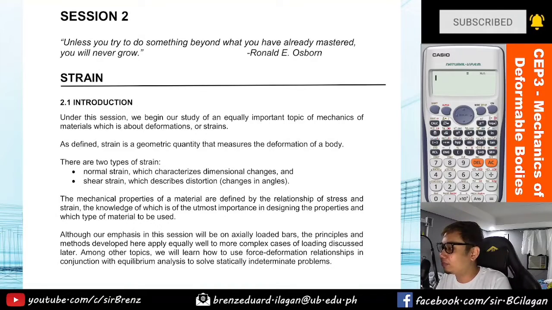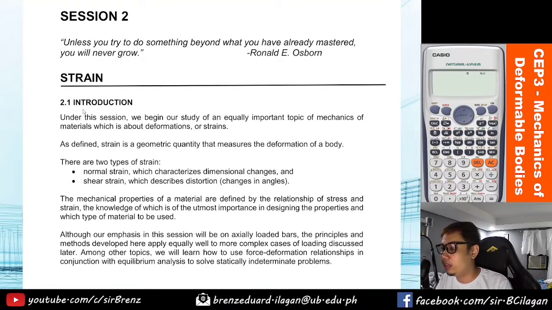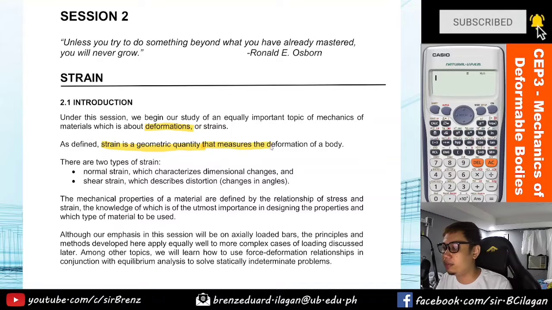Alright? So again, strain as an introduction. So under this session, we begin our study of an equally important topic of mechanics of materials, which is about the deformations. Okay? So under strain, puro deformation yung pinag-aralan natin or yung strains. So as defined, yung strain is defined as a geometric quantity that measures the deformation of a certain body.